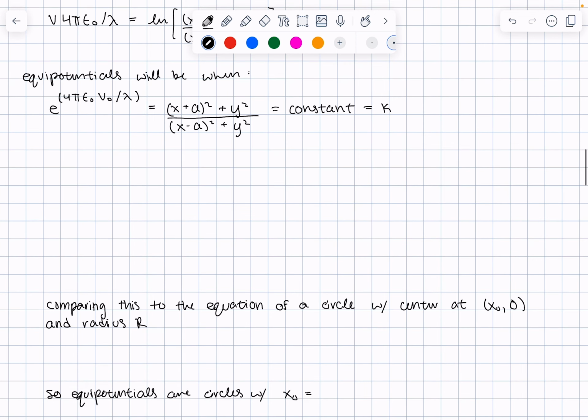And so by calling that k, we're going to rewrite this whole equation. And we can say now that x squared plus 2ax plus a squared plus y squared, expanding that, is equal to k times x squared minus 2ax plus a squared plus y squared.